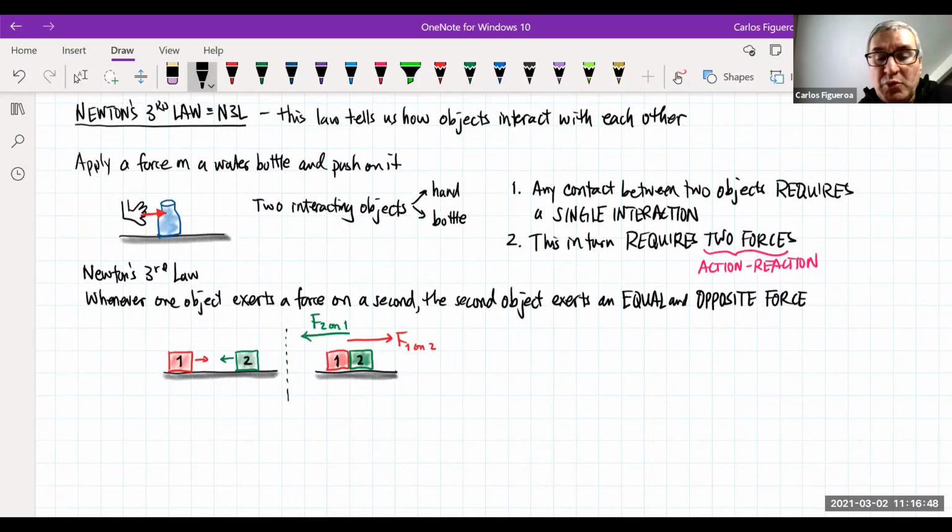In other words, the force of 1 on 2 is equal and opposite in magnitude to 2 on 1. In other words, the strength of these forces is exactly the same.